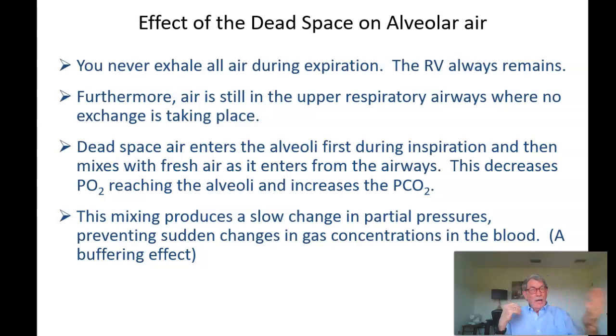And so as it moves into the airways, it mixes with old air. It gets fully saturated with water, which takes up a little bit more partial pressure space. And then it makes it into the alveoli and mixes there. By the time it gets from the atmosphere at 160 to the alveoli, it's about 100 in the alveoli.